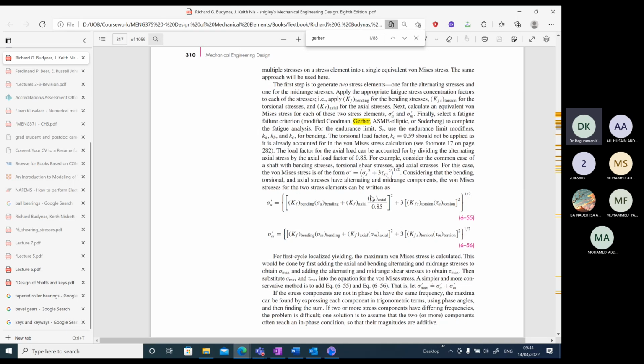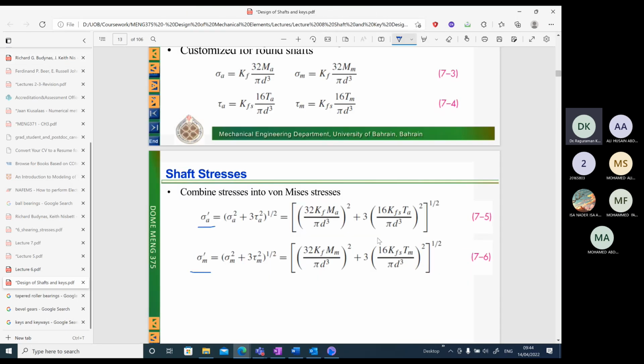In case you have an axial stress, you will also include this particular factor over here. For the amplitude, you will have 0.85, and for the mean stress, you will not have any factor. You can substitute all the values here and write the stresses in the explicit form, sigma A and sigma M.